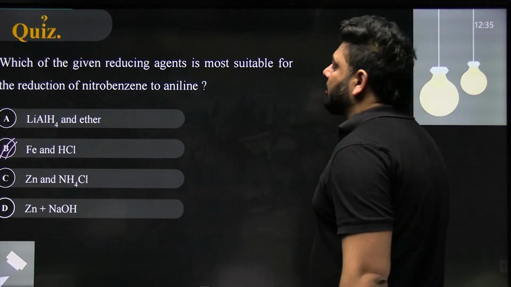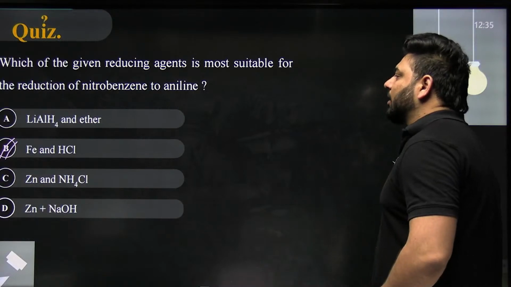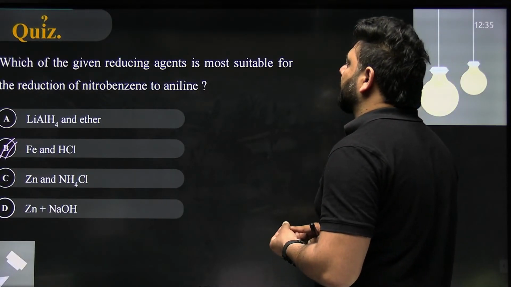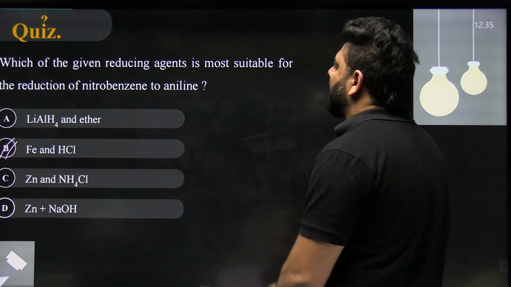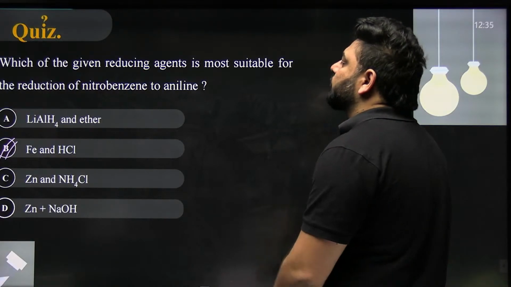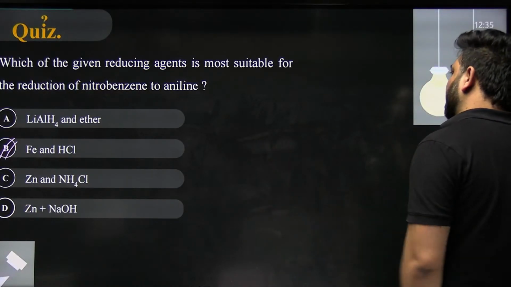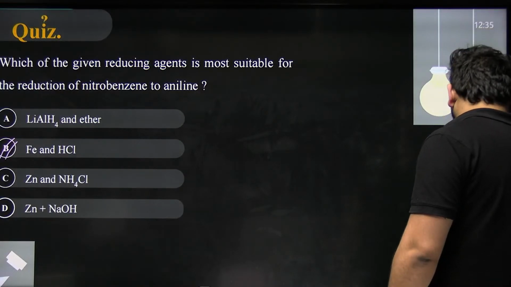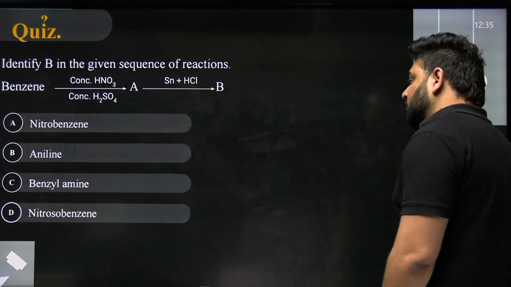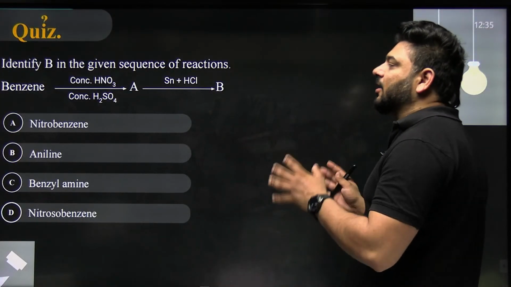The other ones can form other products, and that's why we avoid them in order to avoid reactions with other reagents. LiAlH4 is stronger and can even reduce the benzene itself, so that's why it is not used. So it's a selective product which we are getting using iron and HCl.